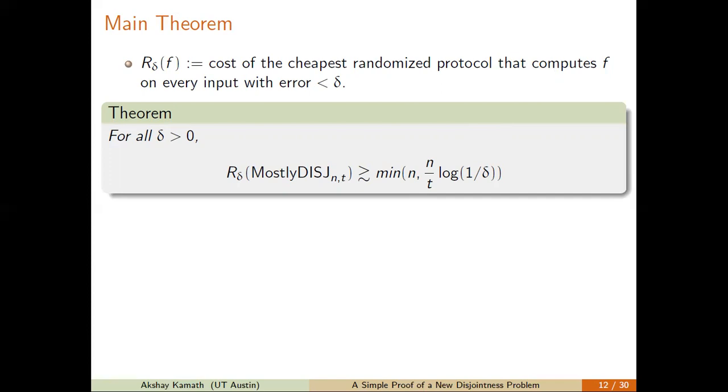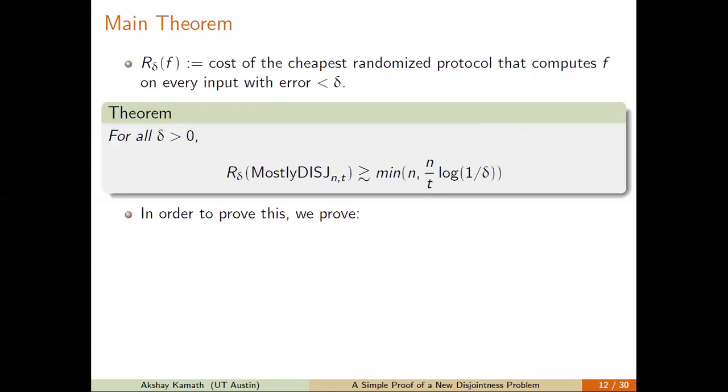The randomized communication complexity of a function is the cost of the cheapest randomized protocol that computes that function on every input with error at most delta. So the theorem that we prove is that for all error parameters delta, the randomized communication complexity of mostly disjointness in T is at least the minimum of n and n over t times log 1 over delta.